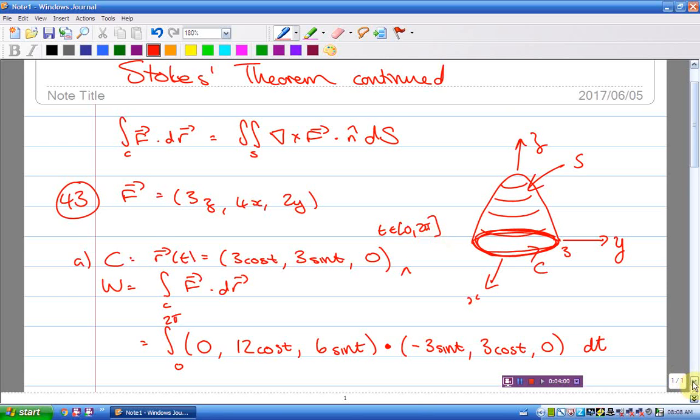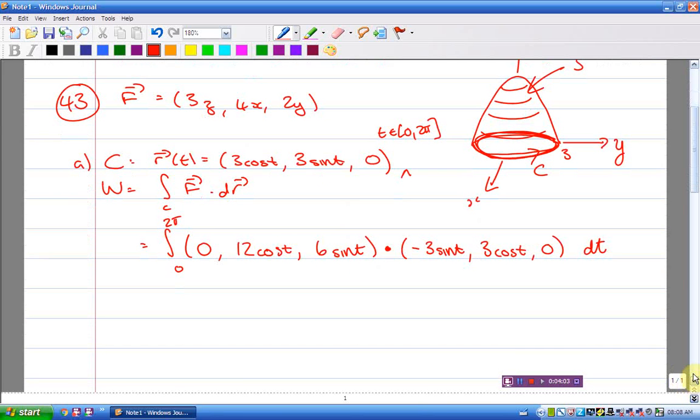Okay, so I'm going to carry out the dot product. The dot product is rather nice. 2 of the 3 terms disappear. And I've got 36 cos squared t. Okay, I know that cos of 2 theta is 2 cos squared theta minus 1.